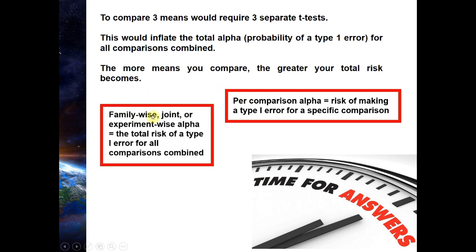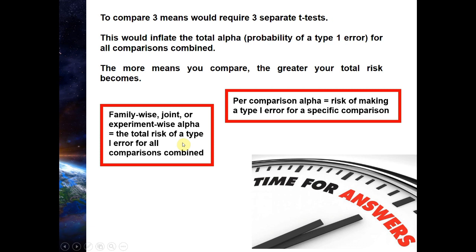Now, the family-wise, joint, or experiment-wise alpha is the total risk of making a type 1 error for all the comparisons combined. So in other words, in the example that we've been using, for all 3 t-tests, the total risk of a type 1 error would be called the family-wise, joint, or experiment-wise alpha. And yes, I know it's frustrating. We have 3 terms for the same thing, but that's the way it is.